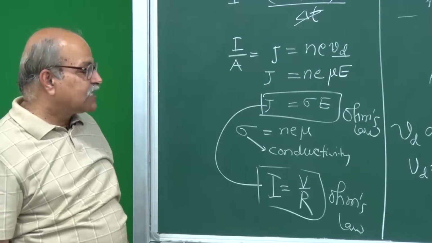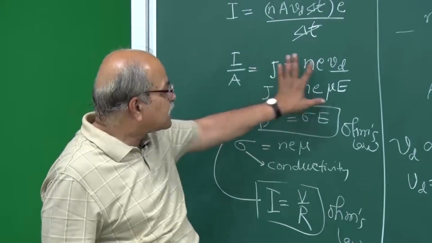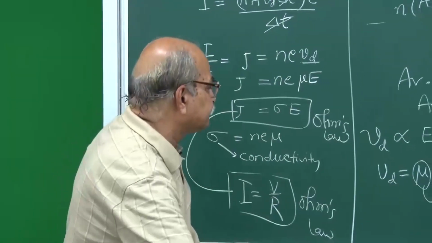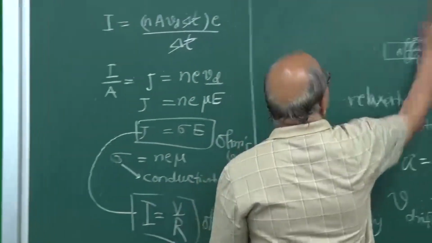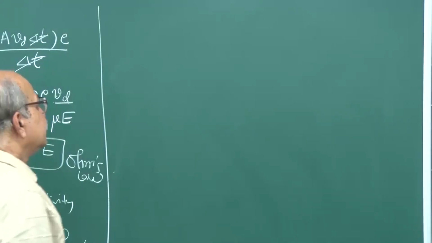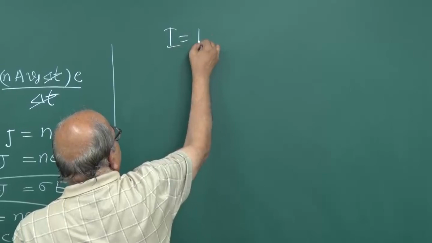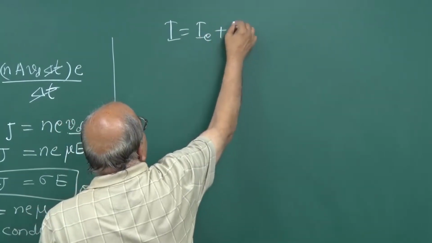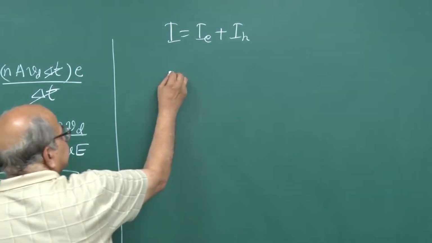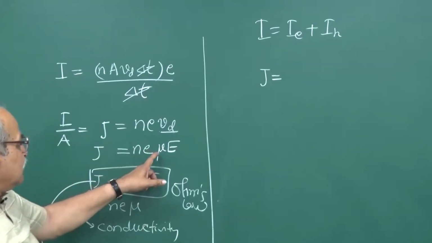Now in case of semiconductors, a similar expression will be used. In semiconductors, you have conduction because of the electrons and because of the holes. So if you write J, it will be N times E times mu.